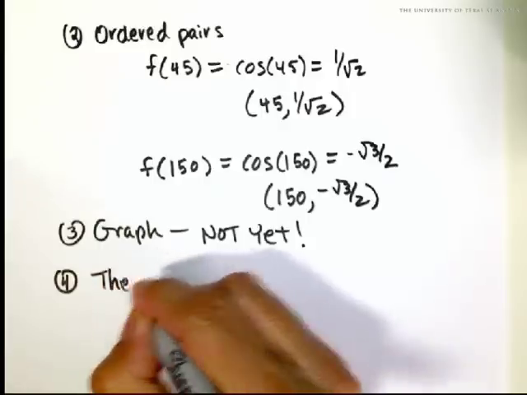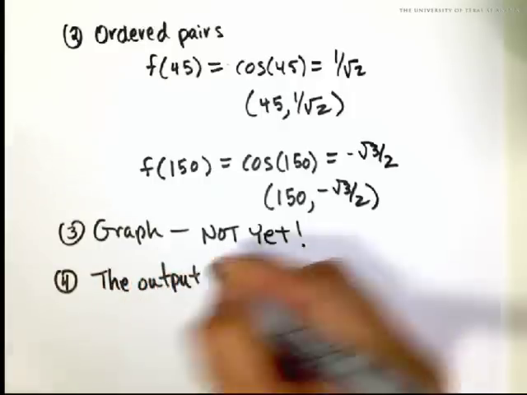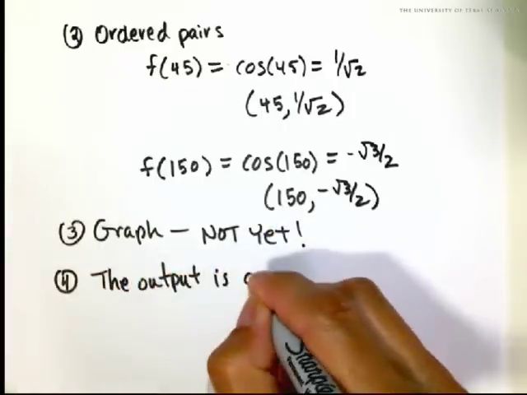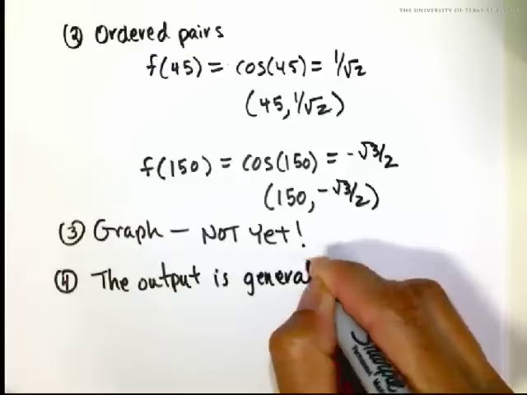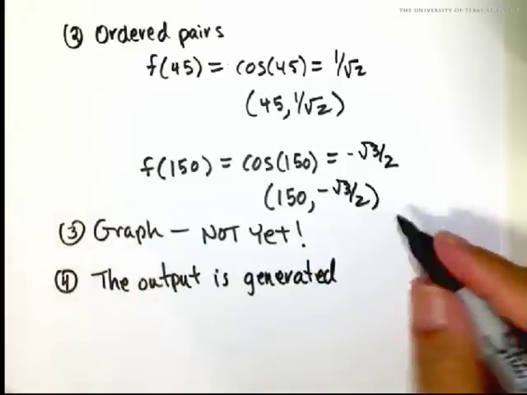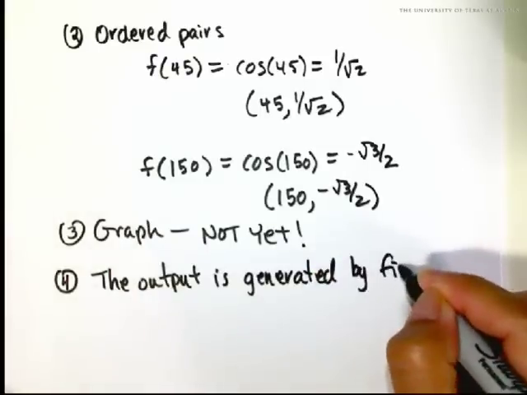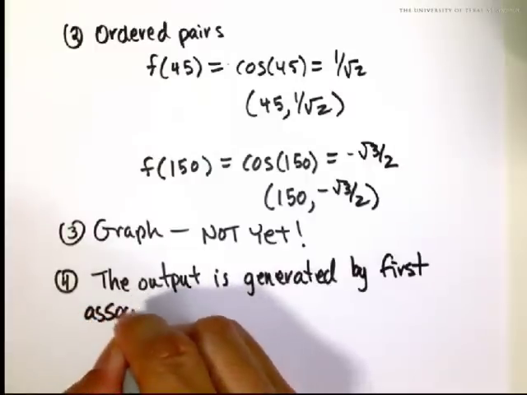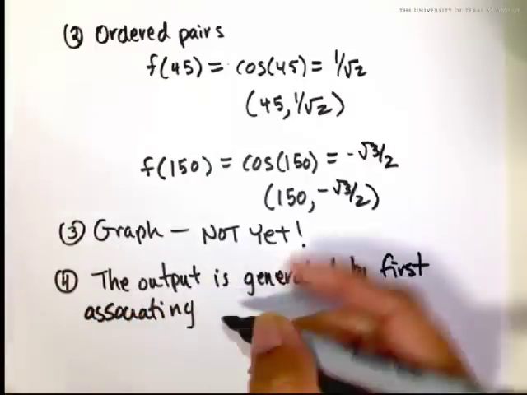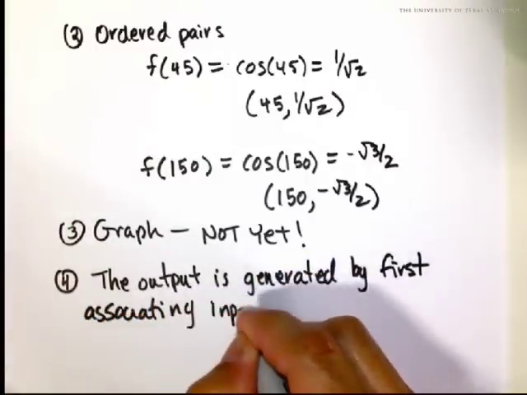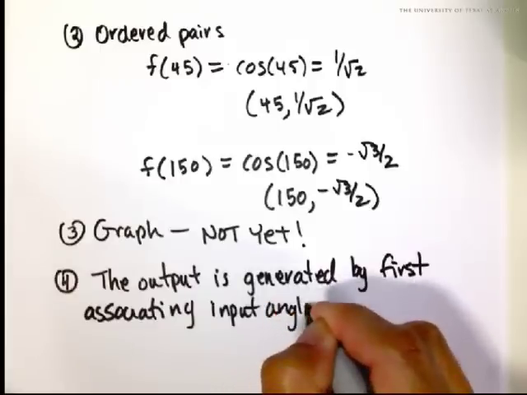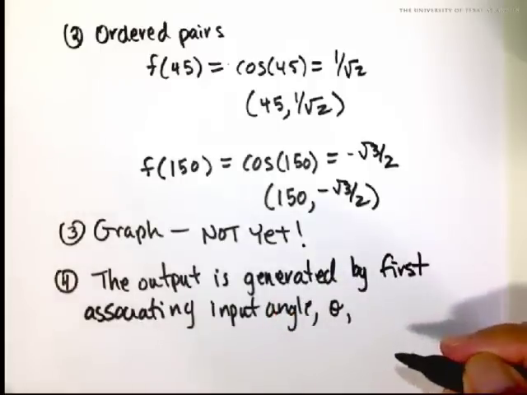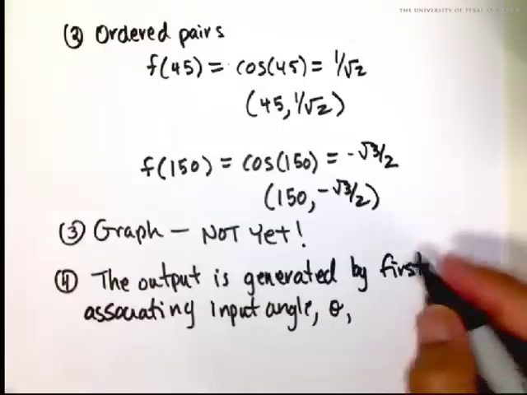The output is generated, remember we're talking about the cosine function, by first associating our input angle, theta, with its point on the unit circle.